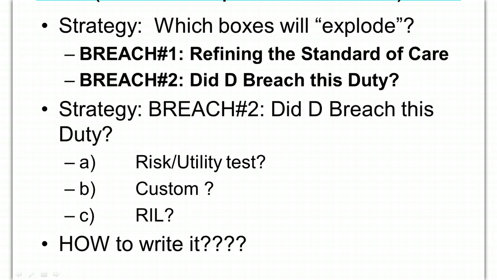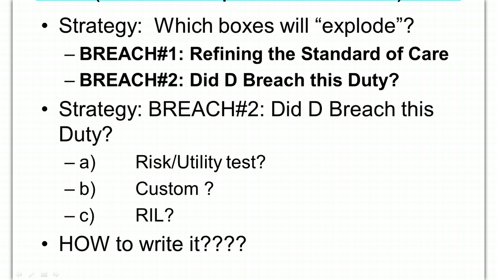What's a reasonable person in this fact pattern? What are the circumstances we can take into account? The second part of breach is whether this defendant actually did fail to exercise reasonable care. When you looked at this fact pattern, you should have realized that refining here was relatively straightforward. You should do it in one paragraph because indeed there was only one attribute of the defendant which required mention.